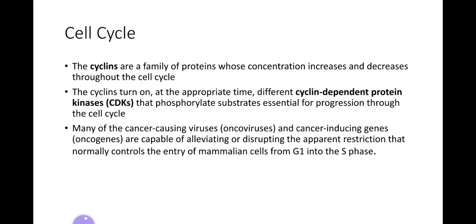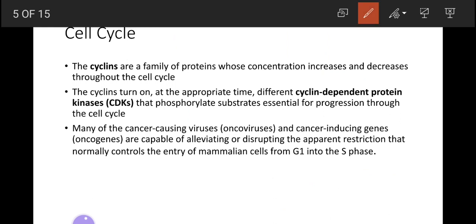All the eukaryotic cells have gene products that govern the transition from one phase of the cell cycle to another. So what are these gene products? They are the cyclins and cyclin dependent protein kinases, cyclins and CDKs.